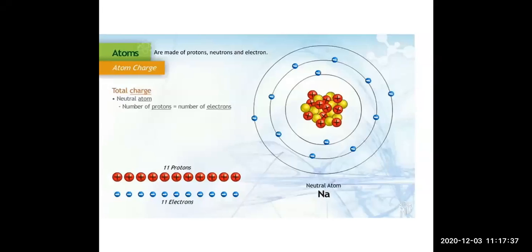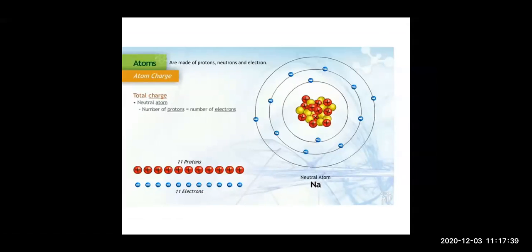Let's understand this with the next slide, which shows a neutral atom. Here we have an example of Na, that is sodium. Now sodium contains 11 protons. Over here in the nucleus, you can see the red color protons which are positively charged. And in the orbits, you can see 11 electrons.